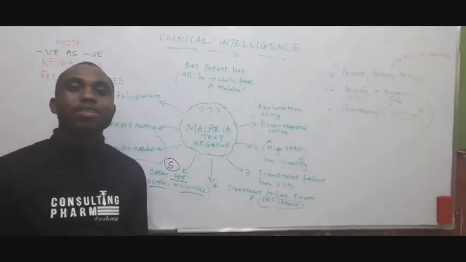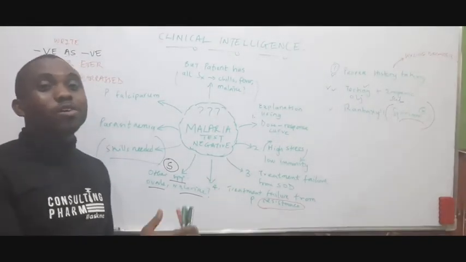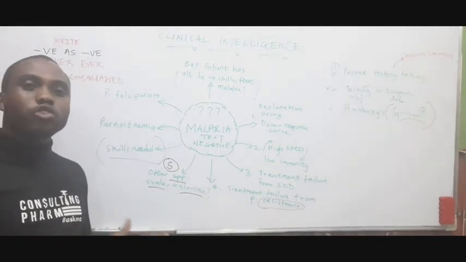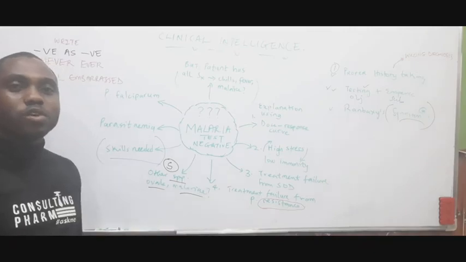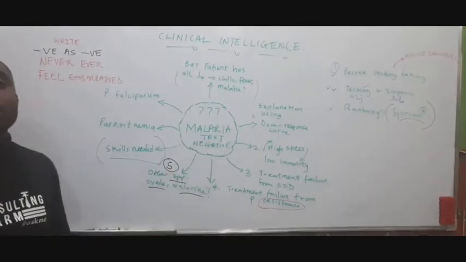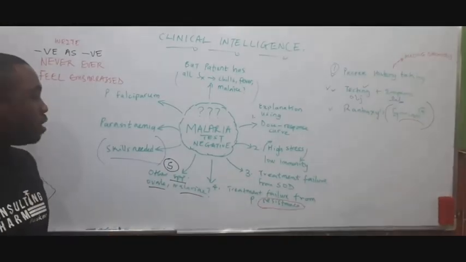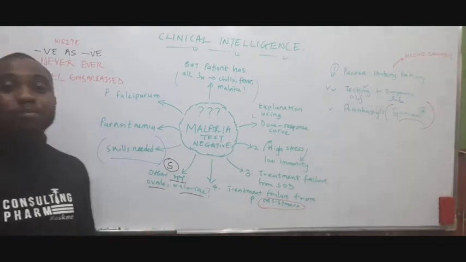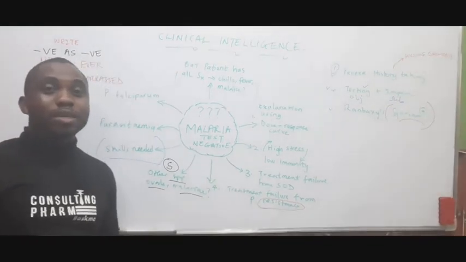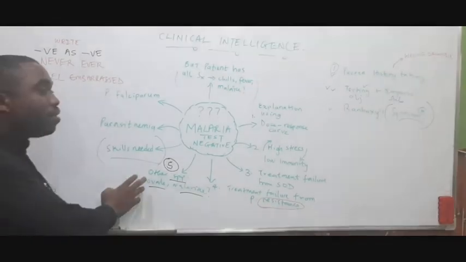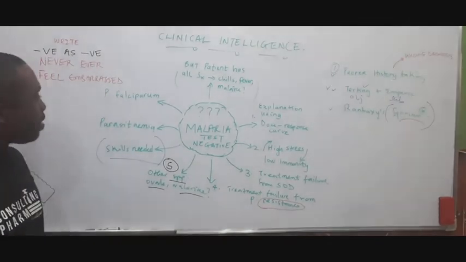Or treatment failure arising from resistance, and you can only conclude resistance if only standard treatment has been used and everything that should be done has been done, but the person's health is still not improving. It could also be other species of plasmodium that the regular kits we have for malaria will not be able to detect.